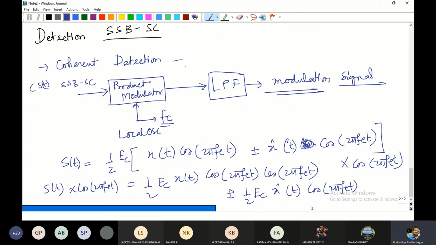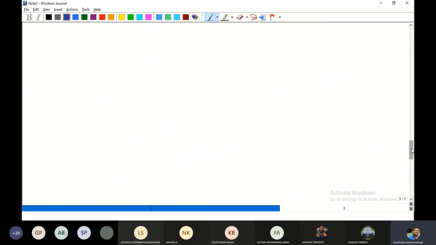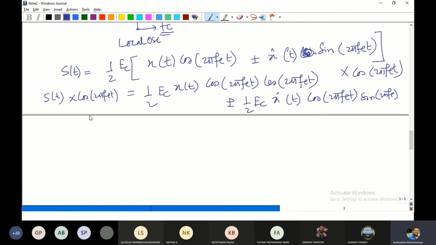Okay, this should be sine actually, cos 2 pi FCT and sine 2 pi FCT. So these are the final outcome, which is nothing but S(t) multiplied by this.